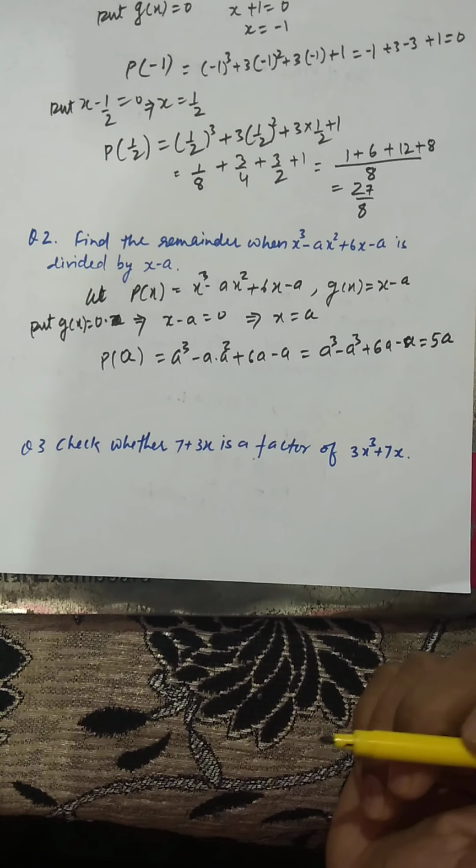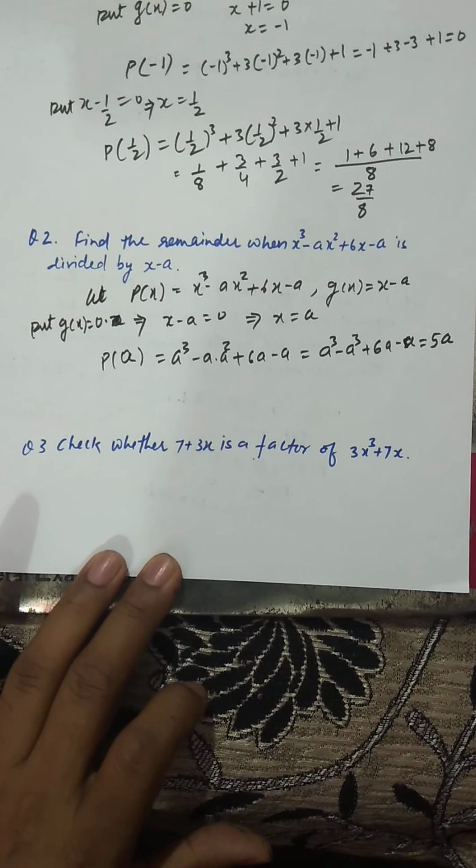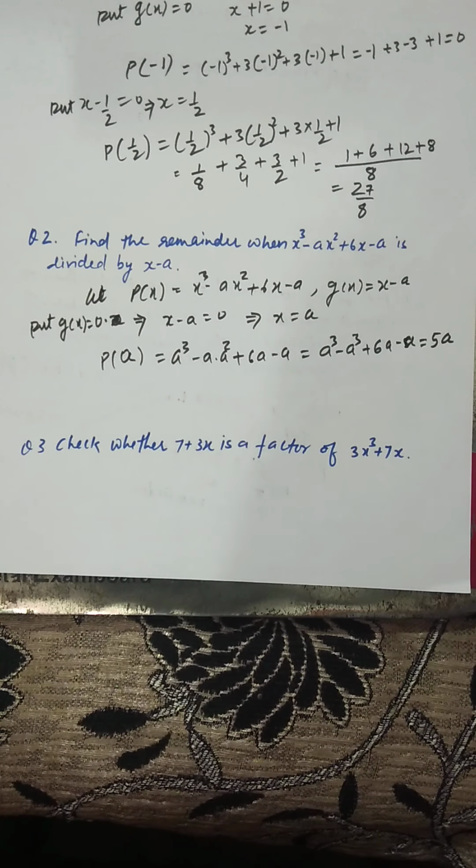So what I am discussing is that if I find the remainder when this 3x cube plus 7x is divided by 7 plus 3x, and my remainder comes 0, then I can say yes, 7 plus 3x is a factor of this. If the remainder doesn't come 0, then we can say it is not a factor.